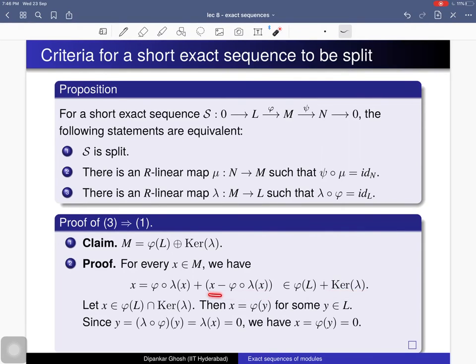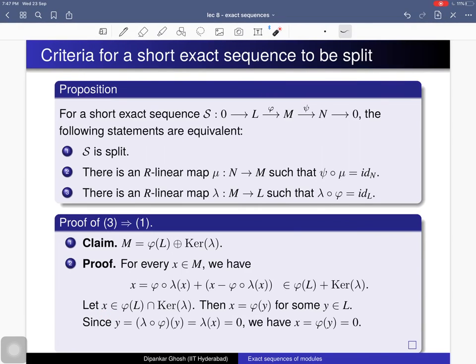So, you just apply lambda here. So, it will be lambda of x minus again lambda of x, because lambda compose phi is just the identity map. So, this thing is 0, that means it is there in the kernel of lambda. You consider an element in this intersection. Okay. We should prove that that element is 0.